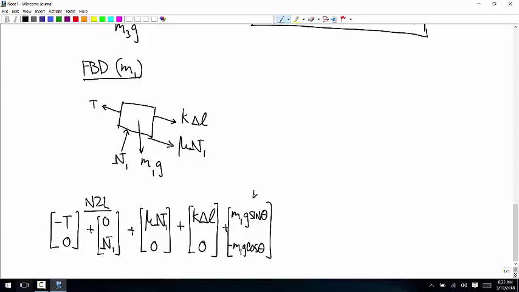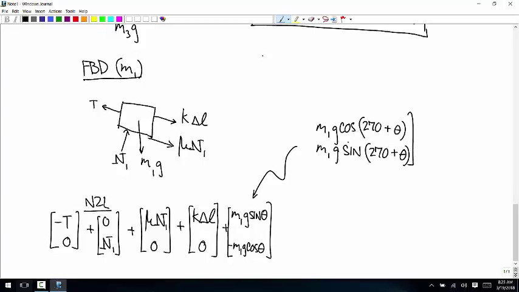You could just as well write this as M1G cosine of quantity 270 plus theta, M1G sine of 270 plus theta. But just to simplify it a little bit, I thought of this triangle like this.